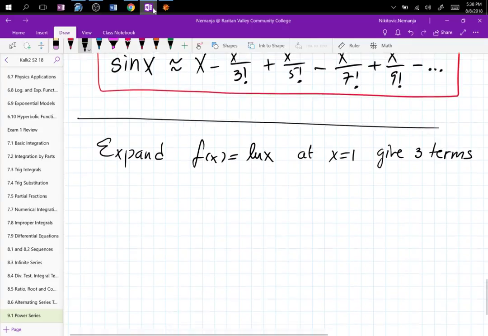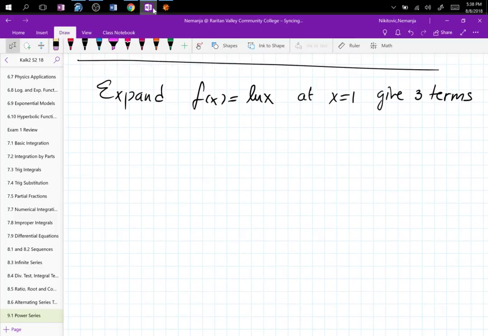So now when you're doing the formula, instead of writing x minus 0, you get to write x minus 1.